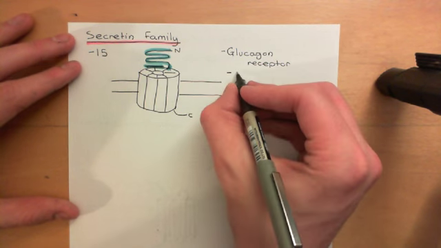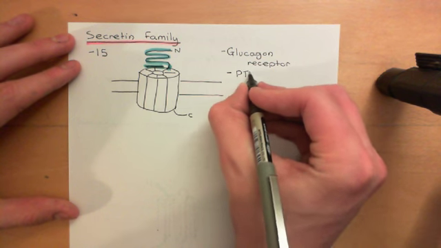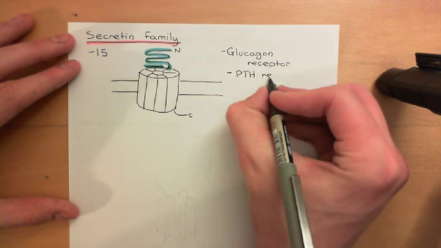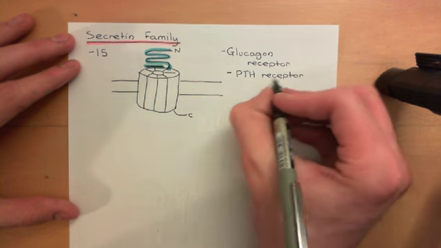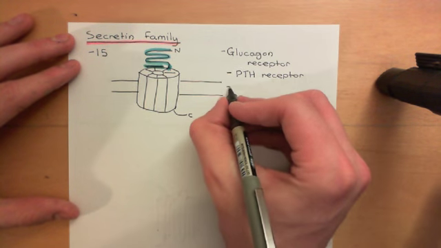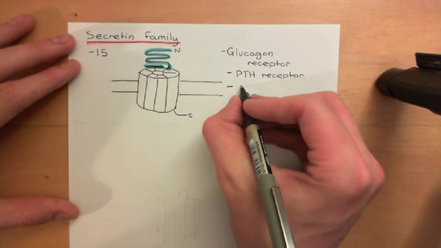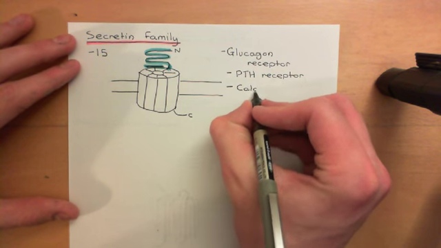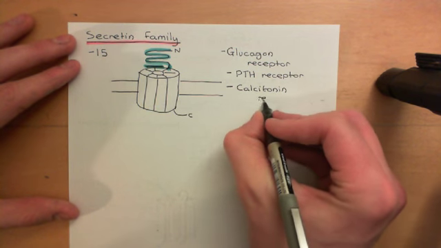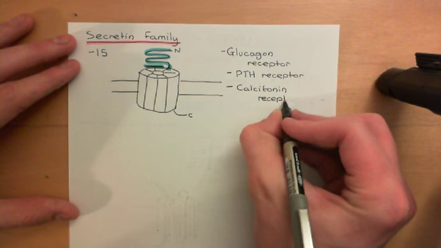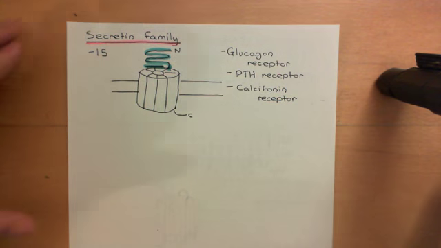In addition, the parathyroid hormone receptor is also an example, which is obviously very important in controlling calcium. Another receptor important in controlling calcium is the calcitonin receptor, which responds to the hormone calcitonin, and again this is a secretin family G protein coupled receptor. So those are some notable examples of secretin family G protein coupled receptors in human physiology.